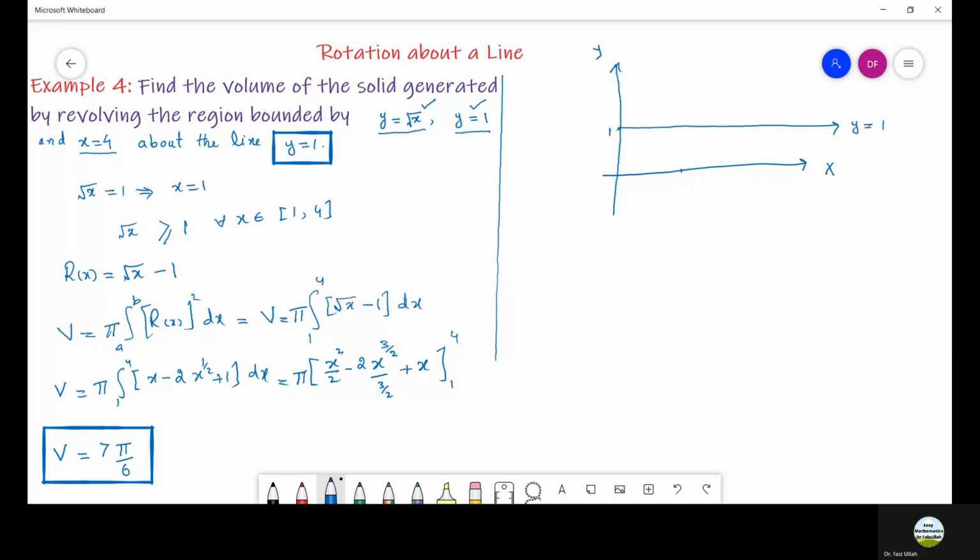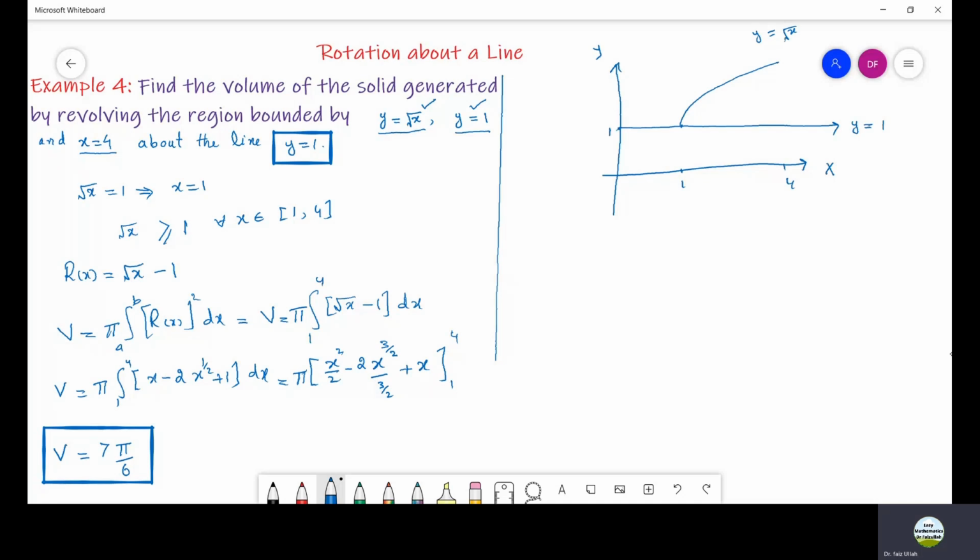Now on the x-axis this is 1. So our curve starts from 1 and it goes up to 4. So the graph of the curve is like this one. This is the graph of the curve y is equal to under root x.